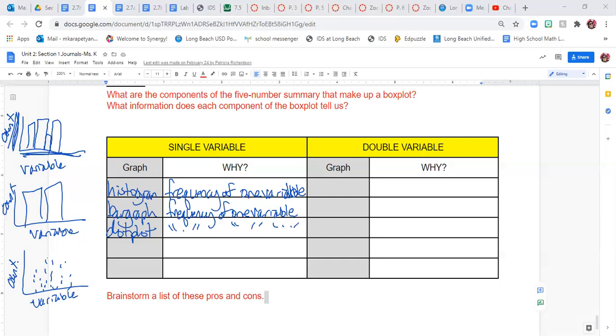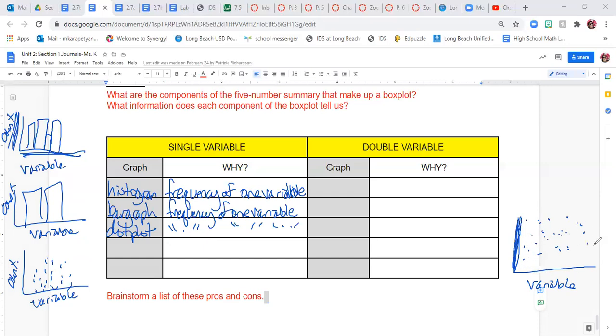Let's think about this. A scatter plot, right, looks a lot like a dot plot where we have dots everywhere, right? That's our scatter plot, scatter dots. We have a variable here, but on the y-axis, are we counting these dots?